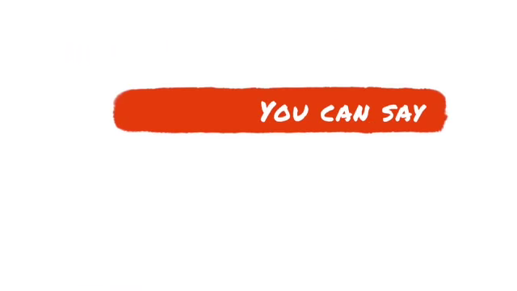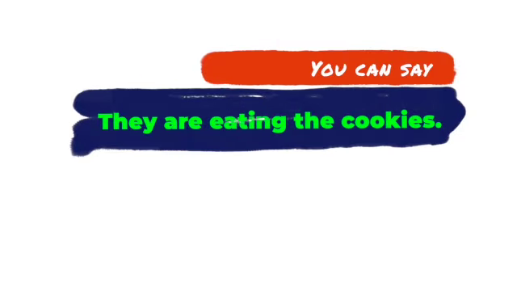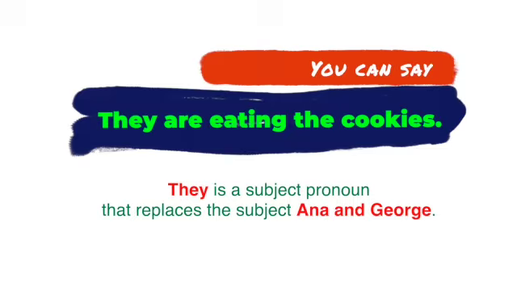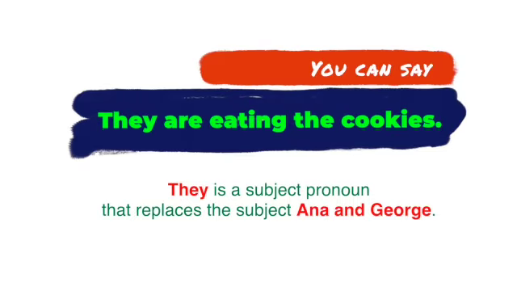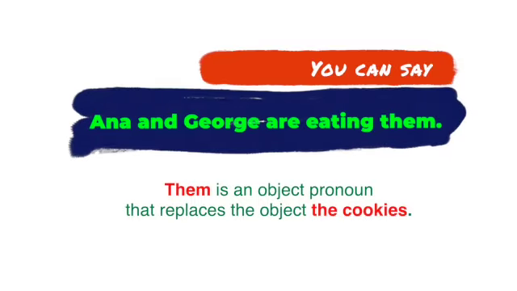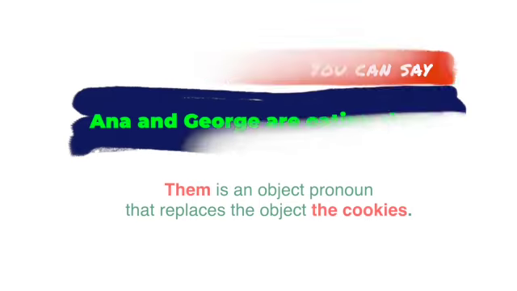You can say, they are eating the cookies, because they is a subject pronoun that replaces the subject, Anna and George. You can say Anna and George are eating them, because them is an object pronoun that replaces the object, the cookies.